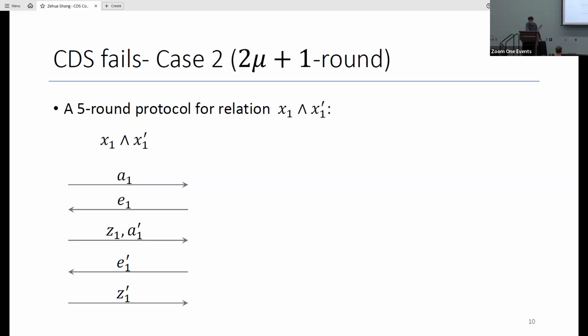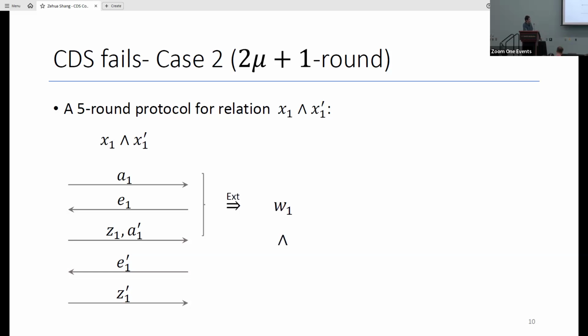And another example is for why this multi-round generalization will fail. So let's take a toy example of a 5-round protocol for the relation x1 and x1 prime. In fact, it is a sequential composition of 2 Sigma protocols, where you merge the third round and the next Sigma protocol's first round.